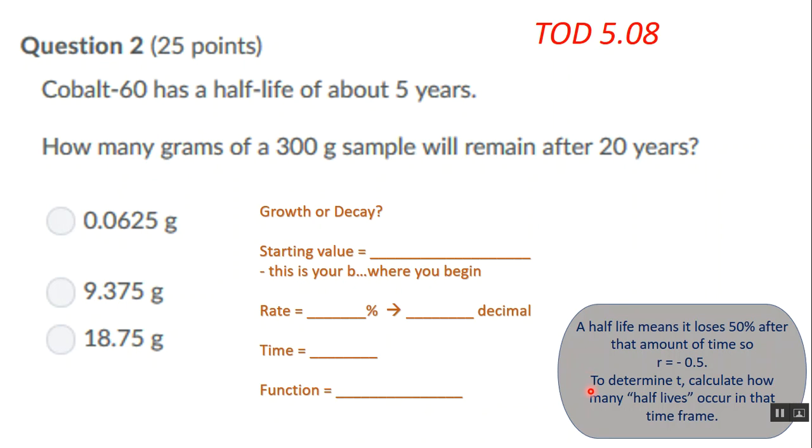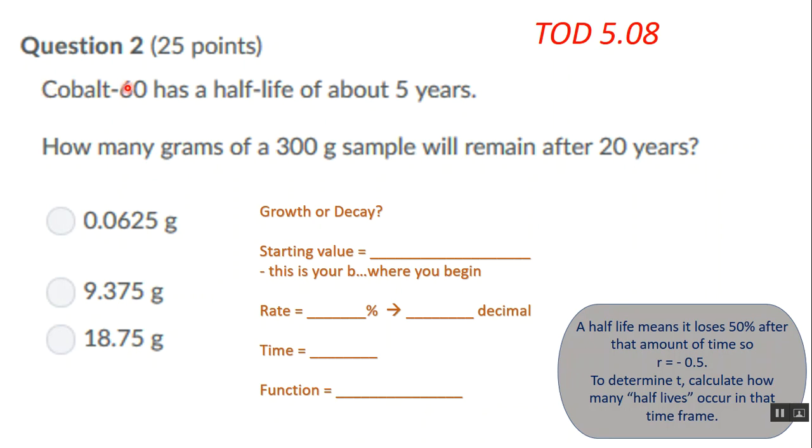To determine T, calculate how many halves occur in the time frame. And it always gets a little confusing because these are talking about elements, and this is what they use to actually find the life of like dinosaur bones or carbon dating. That's what they're using as half-life.